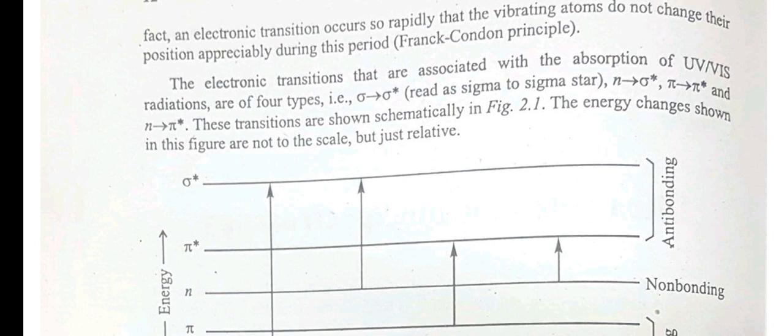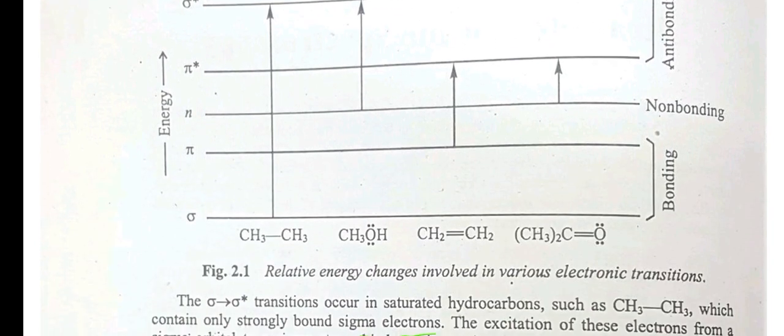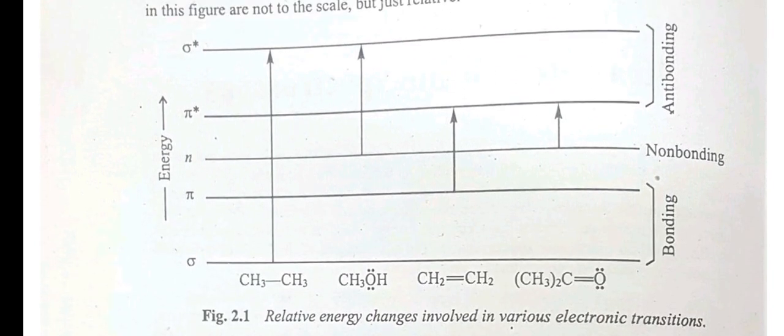They may be moved from σ to σ*, n to σ*, π to π*, and n to π*. So as shown there, from low to high the levels are σ, π, n, π*, and σ*. Electrons will move from σ to σ*, n to π*, π to π*, and n to σ*.